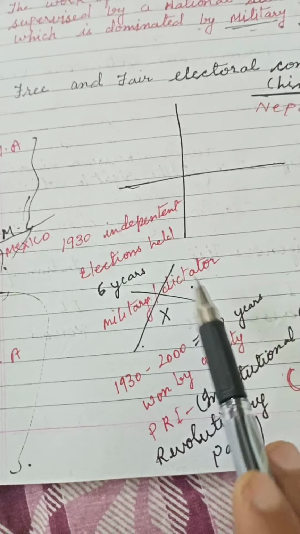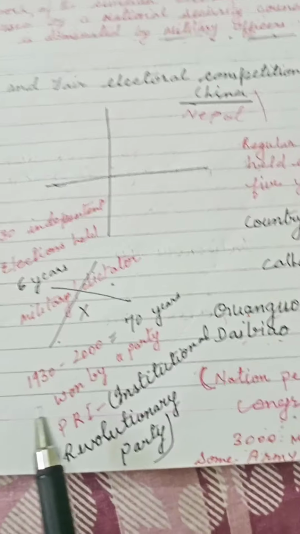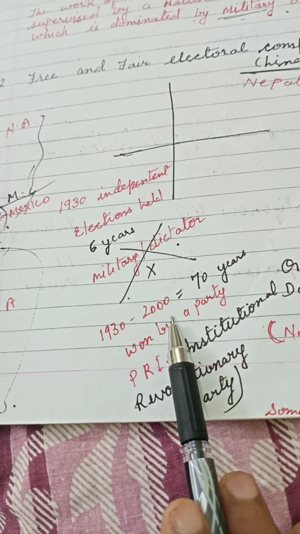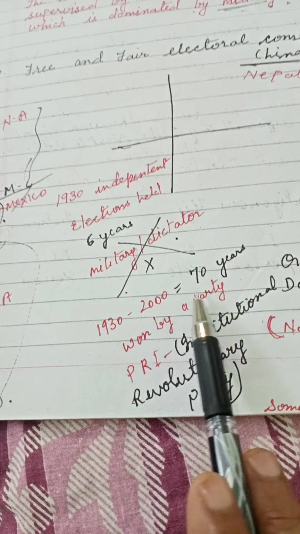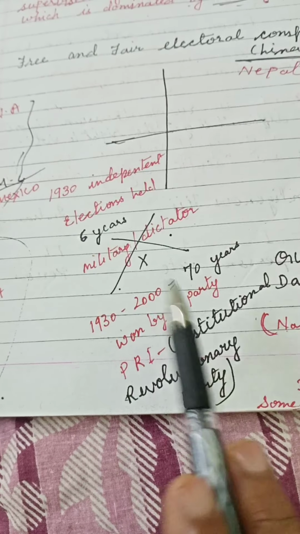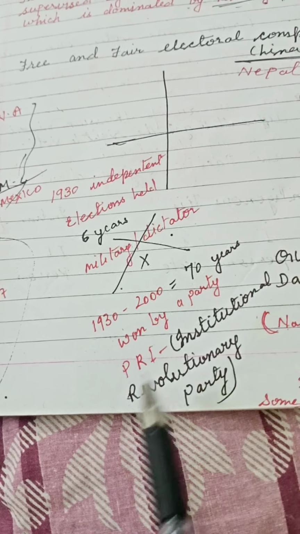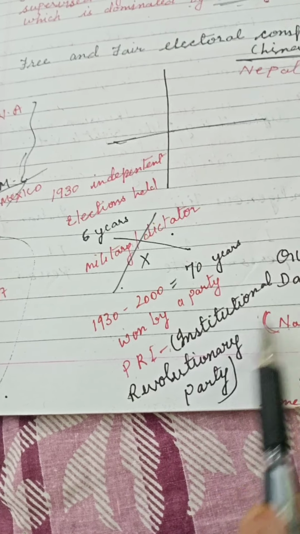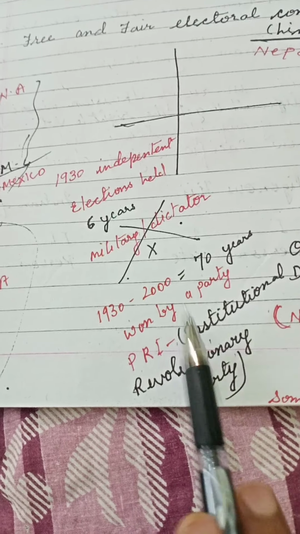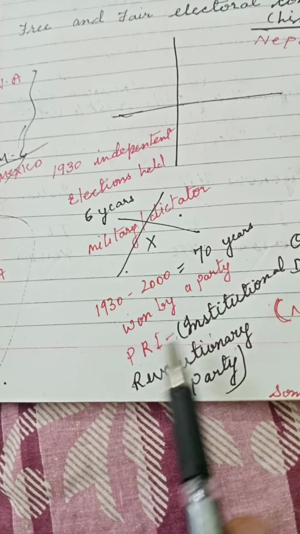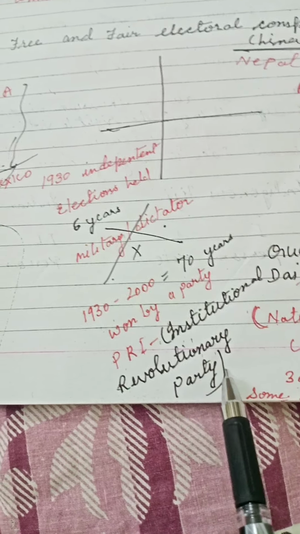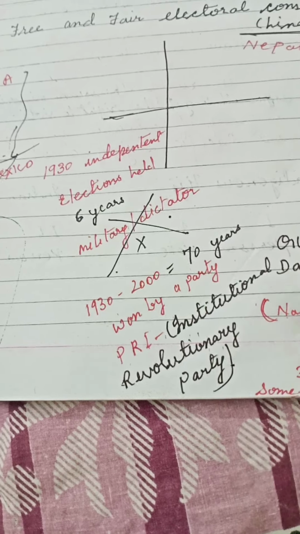But what you will see here is that from 1930 till 2000, how many years? 70 years, isn't it? The PRI party was ruling over here. They always won the election. PRI, the Institutional Revolutionary Party. Is it possible?